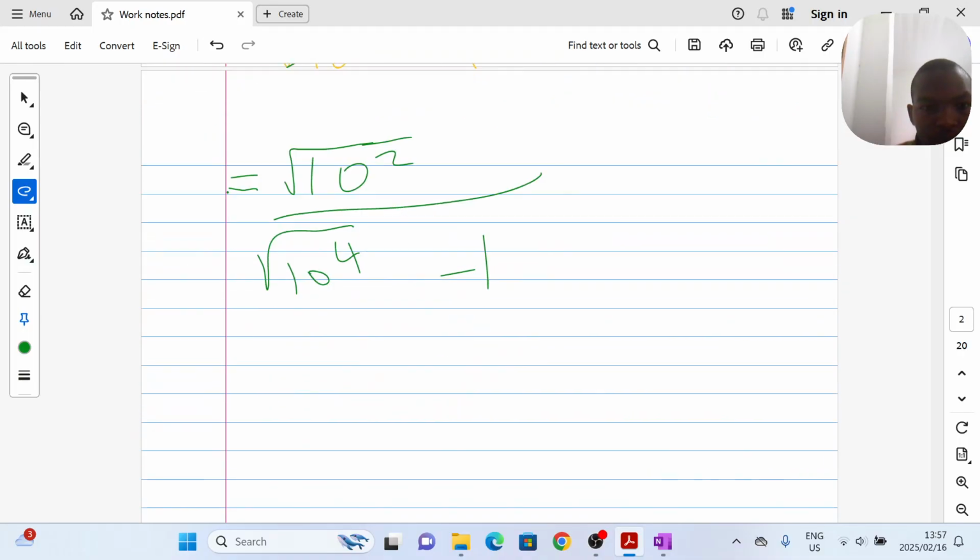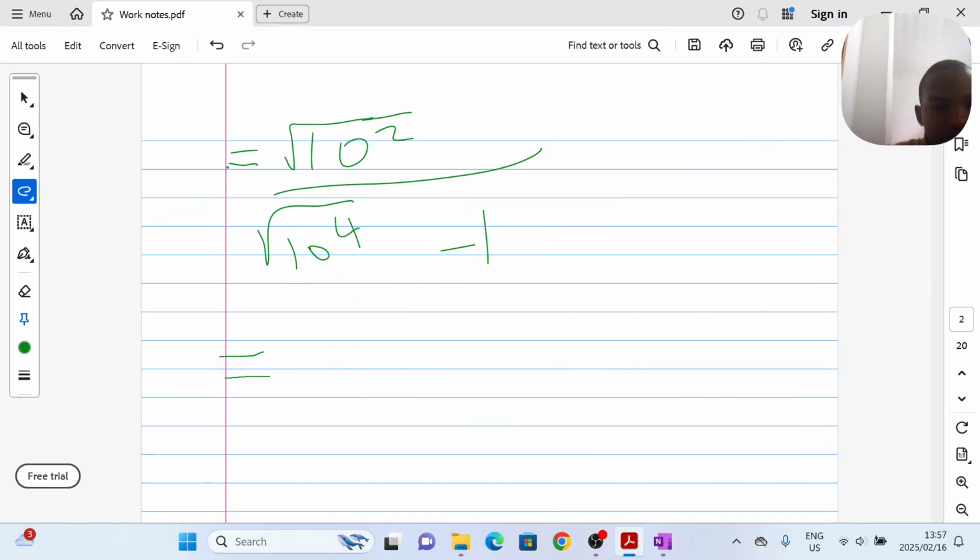Now when you look into that, remember that because 10 is positive, we can apply the rules in number 4. So we have 10 to the power 2, and there is a 2 in the root, so you divide by 2, and then you have 10 to the power 4 divided by 2, minus 1.